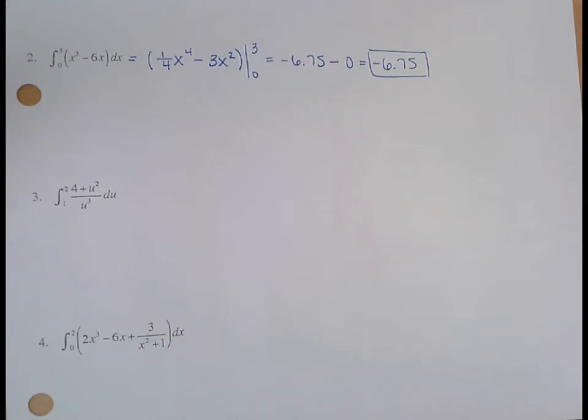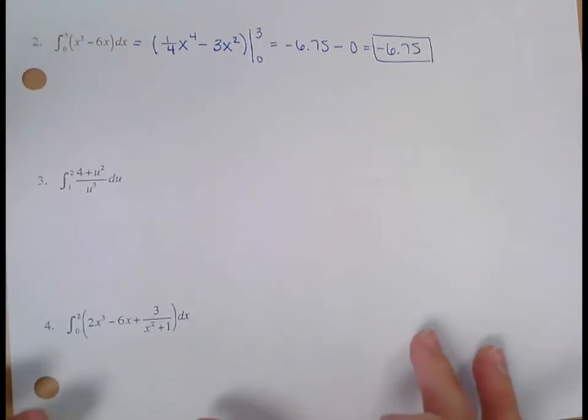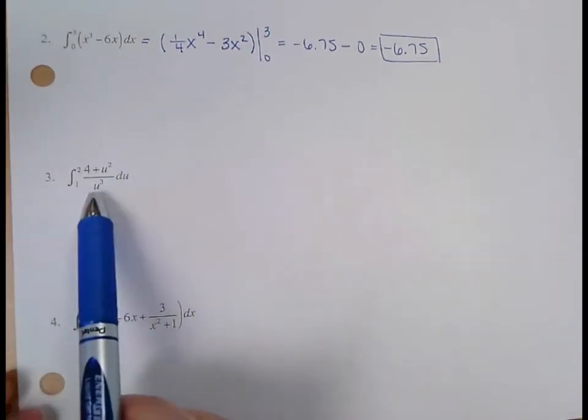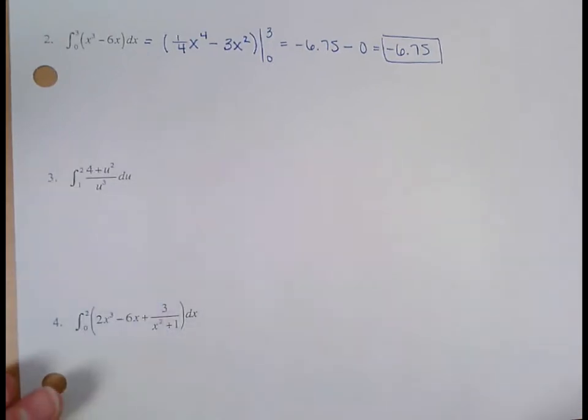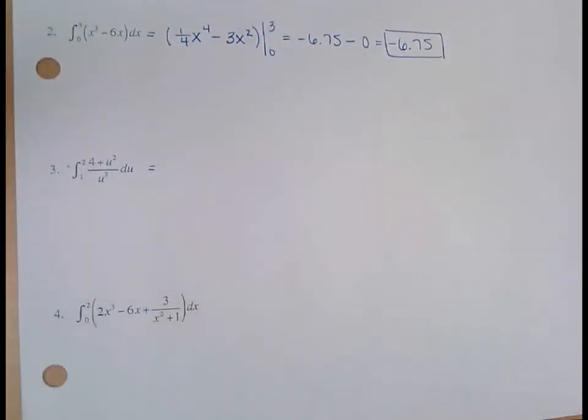Okay. Then for number 3, as you're looking at it, I know some of you are working ahead on this, which is great. For this expression, how would you find the antiderivative? Yes, rewrite it.